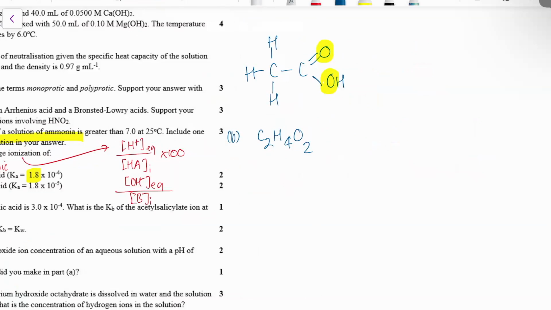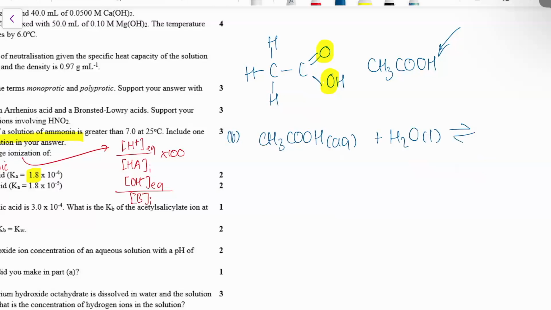So an alternative way of writing this formula is CH3COOH, which is the way you normally see it, like with acetic acid in your exam questions, just because it gives you a better idea of the structure. And so we might do that actually, because it'll make it easier for you to see which hydrogen to take off. So CH3COOH aqueous plus H2O, double arrow again.